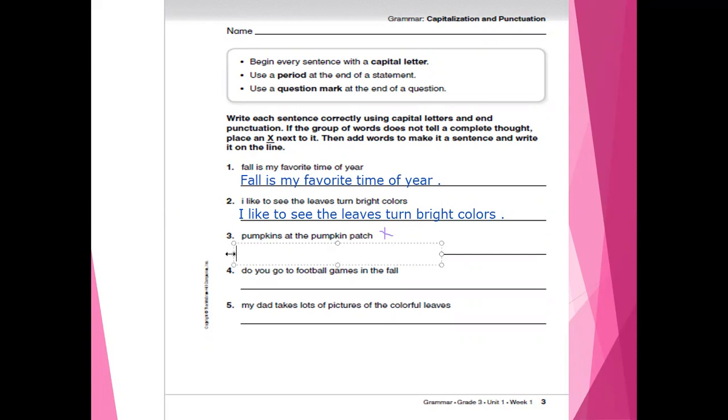Write whatever you want. But we should start with a capital letter. And what should we put at the end? It's a telling sentence. It's a statement. So let's put a period at the end. Are big.